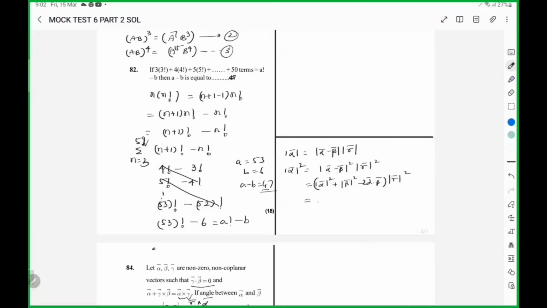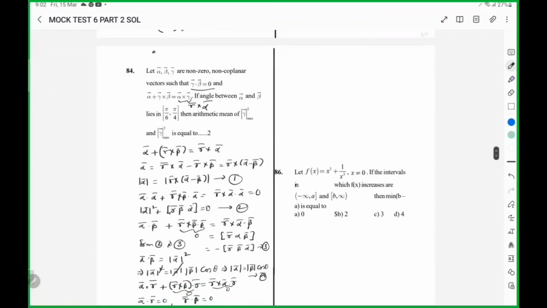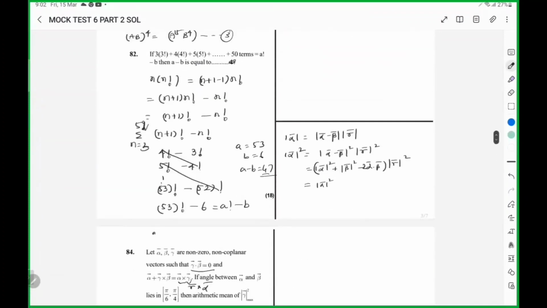So alpha dot beta is beta cos theta. I will write here: alpha square plus beta square, 2 mod alpha mod beta cos theta into gamma square.